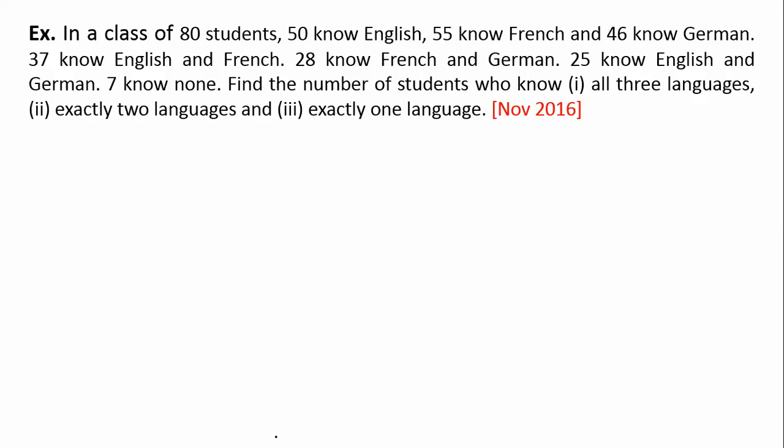In a class of 80 students, 50 know English, 55 know French, 46 know German, 37 English and French, 28 French and German, 25 English and German, 7 know none. So it is exactly like the previous problem. Find the number of students who know all the 3 languages, exactly 2 languages, and exactly 1 language. So you can take a screenshot of the same and try to solve on your own.